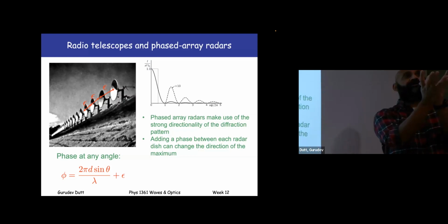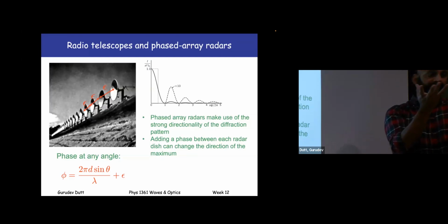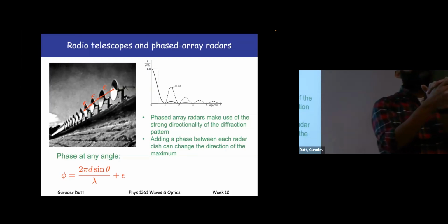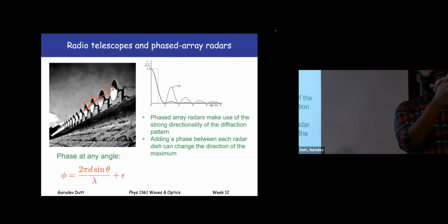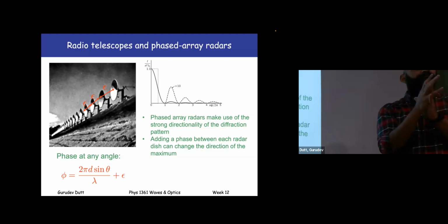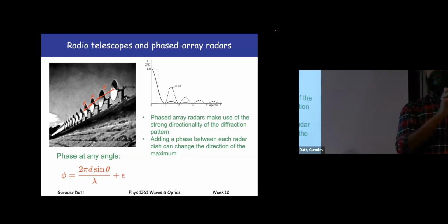So instead of just being restricted to a dish the size of the central dish, which, remember, we've already talked about to some extent, the size of the lens or the telescope controls the brightness of the signal. So that's one reason to have bigger and bigger telescopes or bigger diameters.